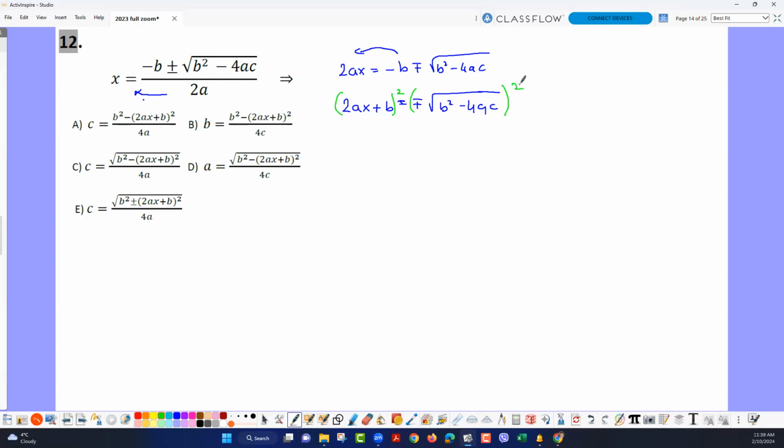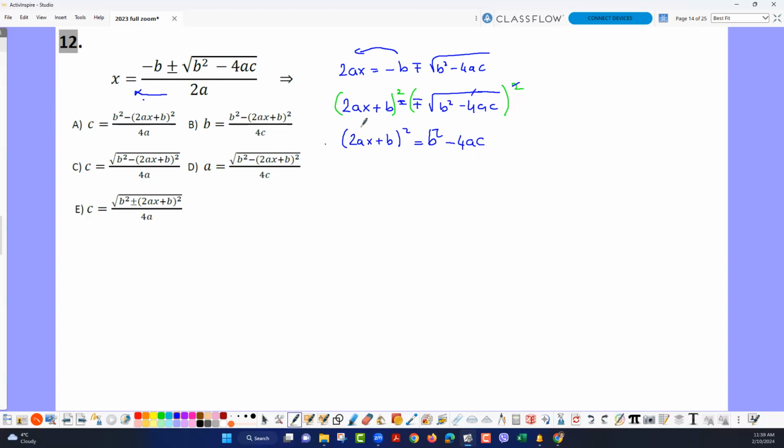When you take the square, you can leave the plus minus sign, because the result of a square is always positive. So 2ax plus b squared is equal to b squared minus 4ac. Then I can change the place of the 4ac.